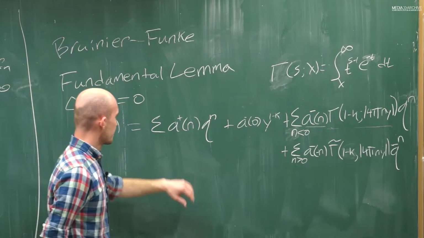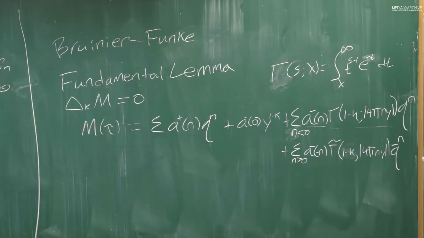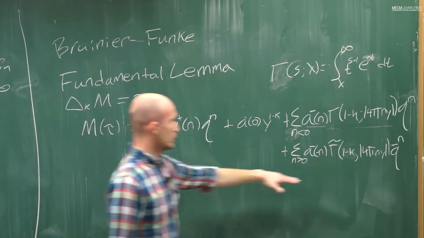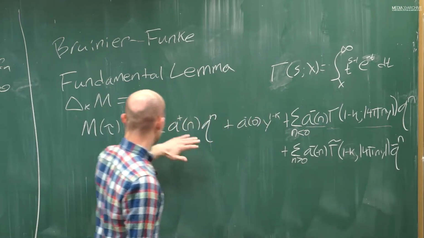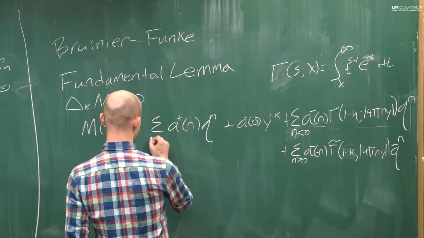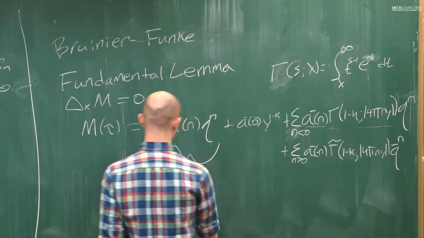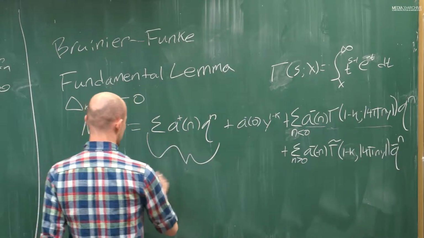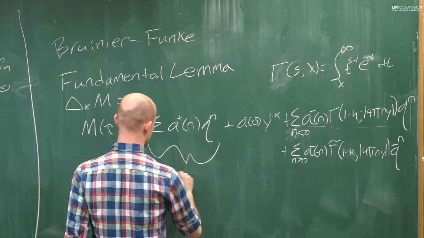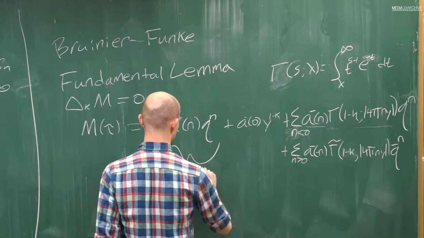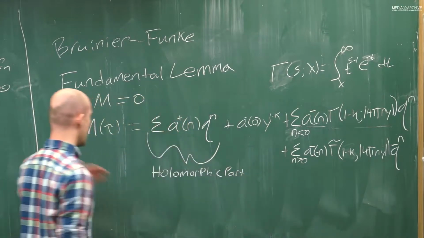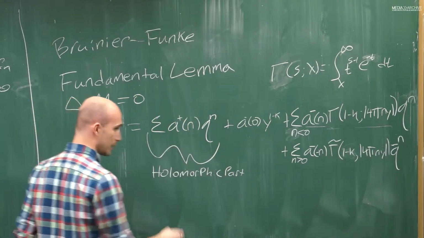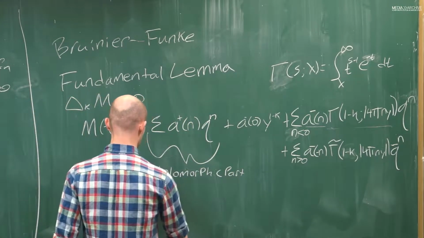Anyway, this is what our non-holomorphic part looks like. Our holomorphic part looks like this. We'll often refer to this part as the holomorphic part, or, for historical reasons going back to Ramanujan, the mock modular form.